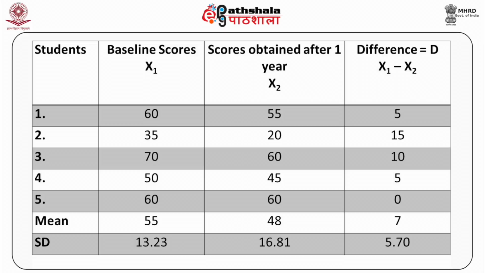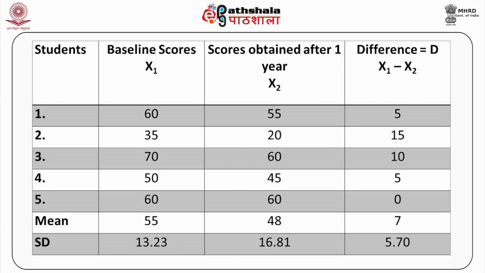The T critical at 0.05 alpha level, two-tail test with 4 degrees of freedom, is found to be plus minus 2.776. The T score observed from our data, 2.75, is less than the critical value of 2.776.